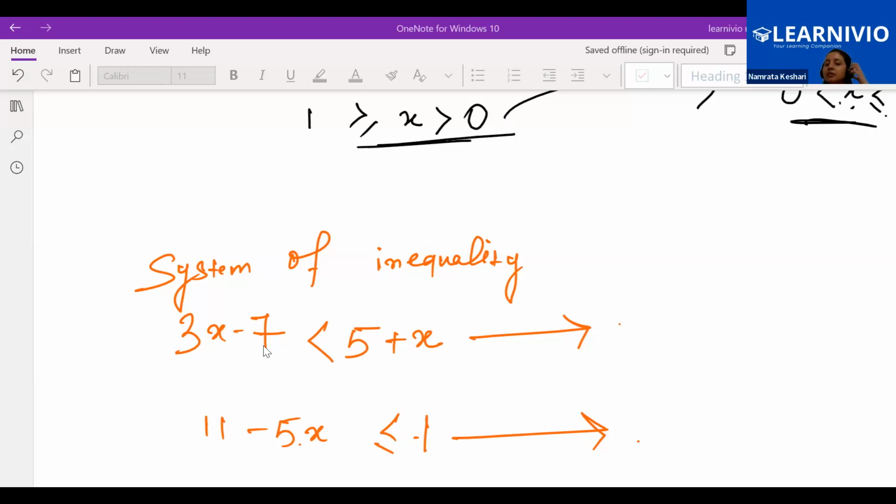I say find the solution for the first inequality separately. Just find the solution which we were discussing in the first class. And then separately find the solution of the next one. Sorry, it is minus 1. It's not minus 1, it is just 1.